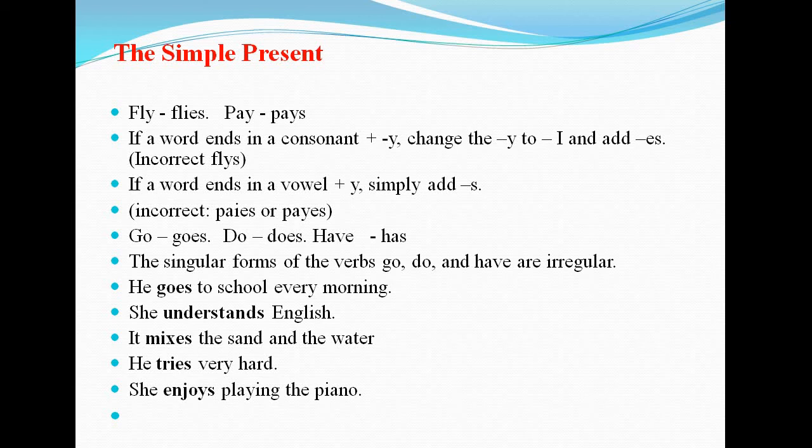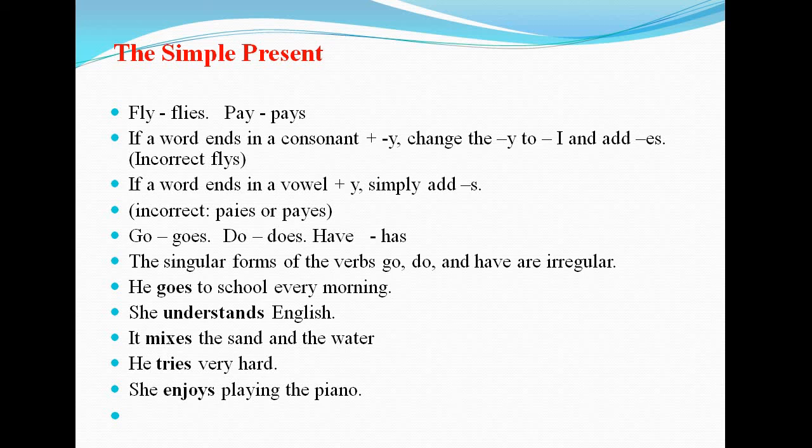If you write it incorrectly, most of the students write like this and think that it is correct. Now, it's absolutely wrong, because with a consonant plus y, we change the y to i. With pay, we can't change it, because a is a vowel, so we cannot change y to i to add es.